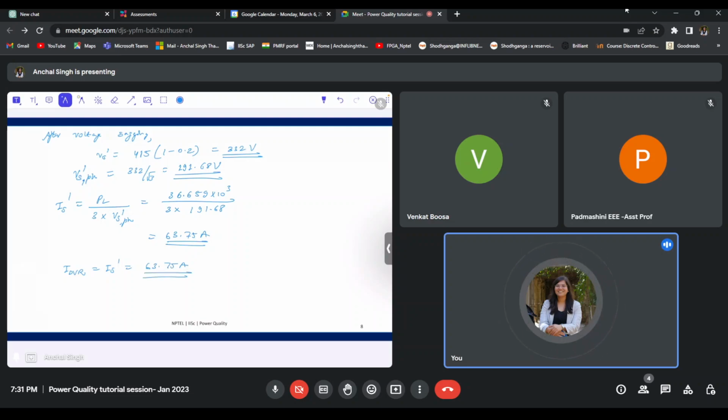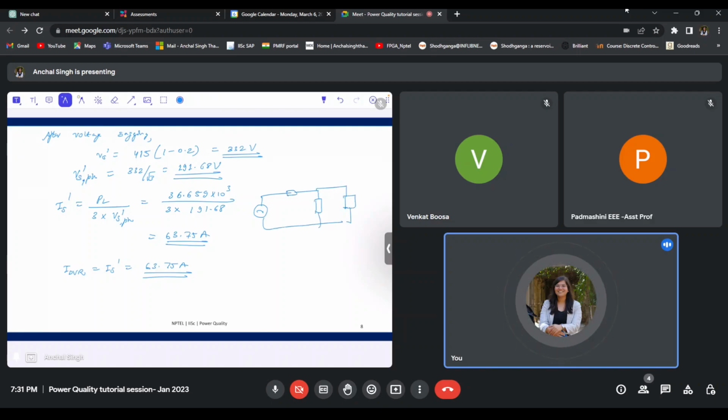We just had to take care of the fact that in a DVR, the series current is the same as the load current after compensation. After compensation, we found the value of Vs dash and we already knew the load power. So we could easily calculate the value of Is dash, because our circuit is something like this.